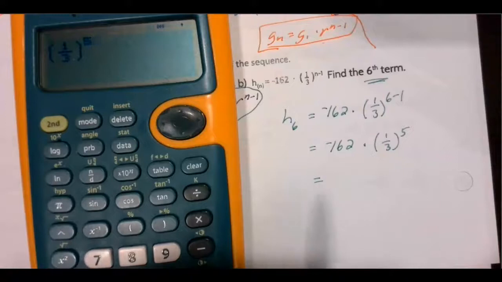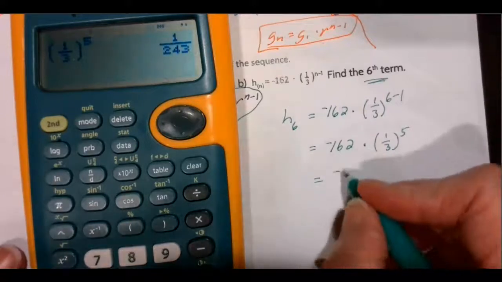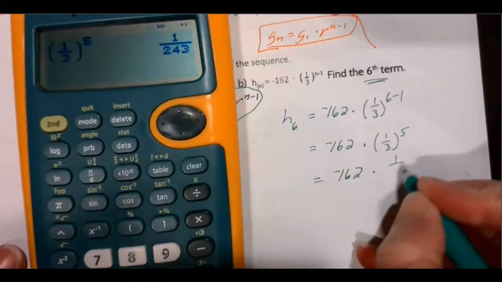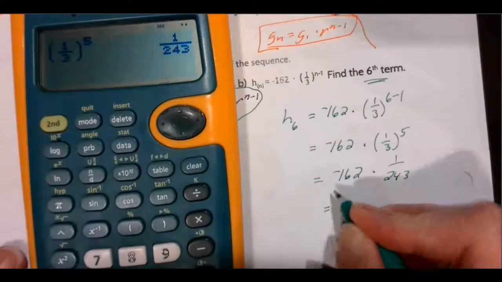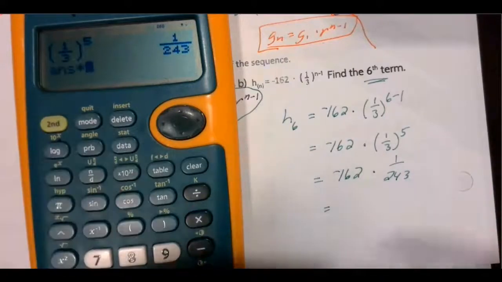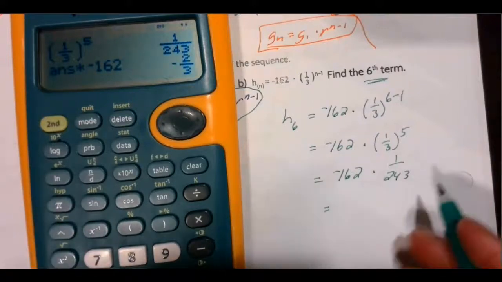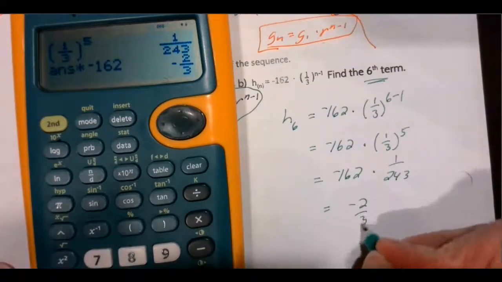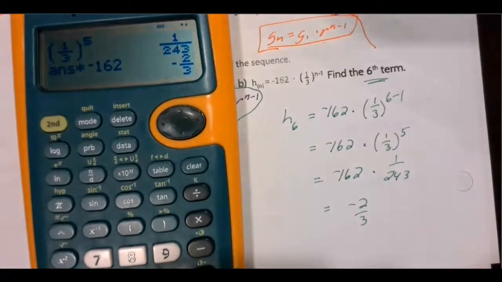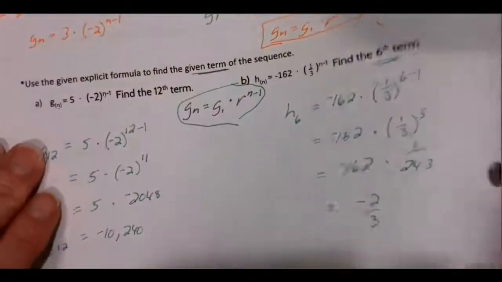Go 5. And that gives us negative 162 times 1/243. I know these calculators are sophisticated enough, they could actually do that for us, but I'm going to leave it there. And now, look what that comes out to be, negative 2/3. Aren't these calculators awesome? Okay, that's geometric sequencing as far as notes.